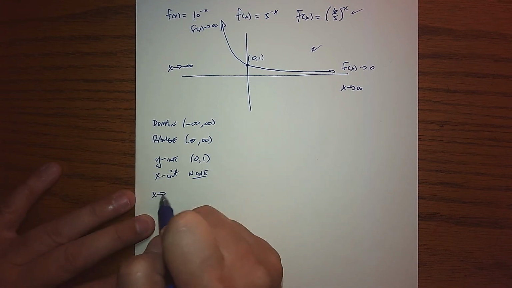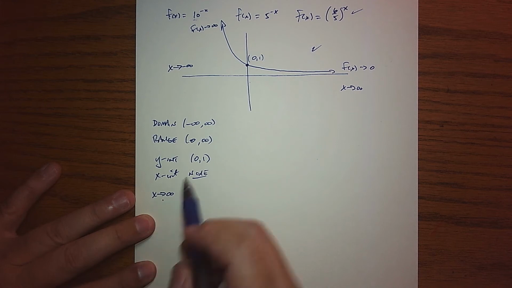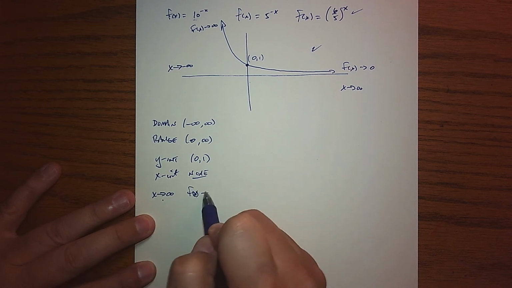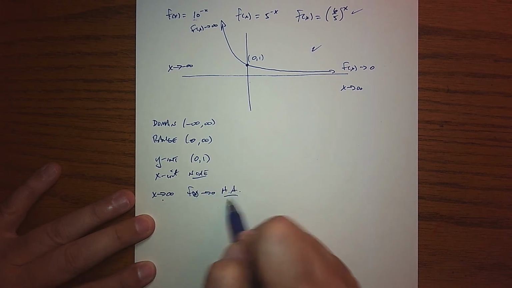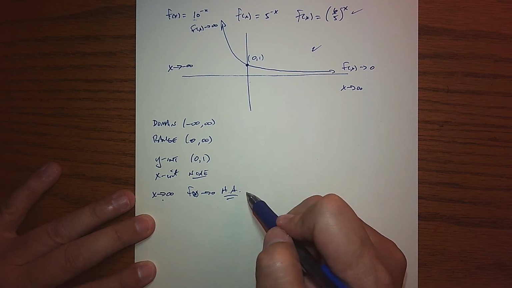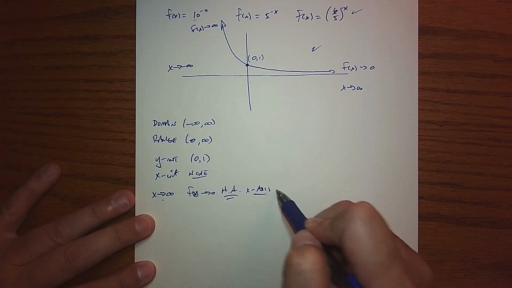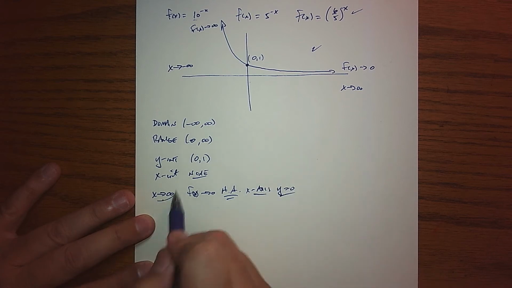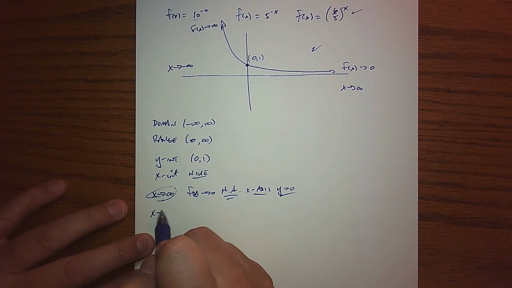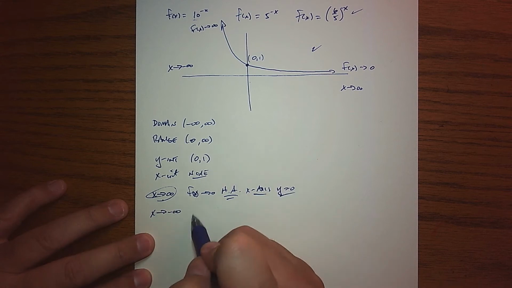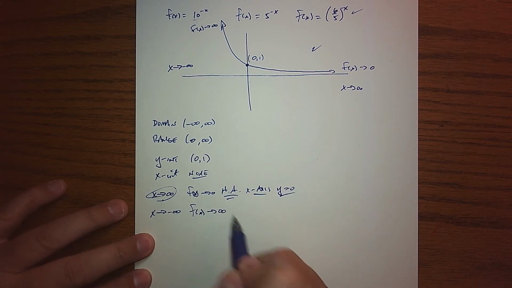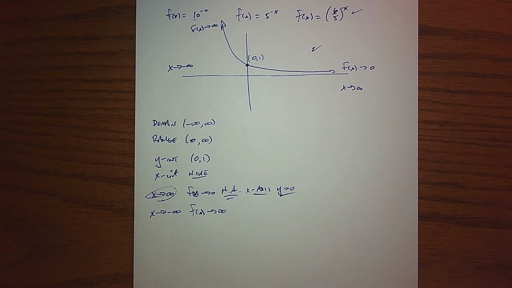As x goes to positive infinity, our function is going to 0. So it behaves like a horizontal asymptote in one direction. The x-axis, y equals 0, is a horizontal asymptote, but just in this direction. As x goes to negative infinity, our function values are getting bigger and bigger, going to positive infinity. So there's our end behavior of an exponential decay model.